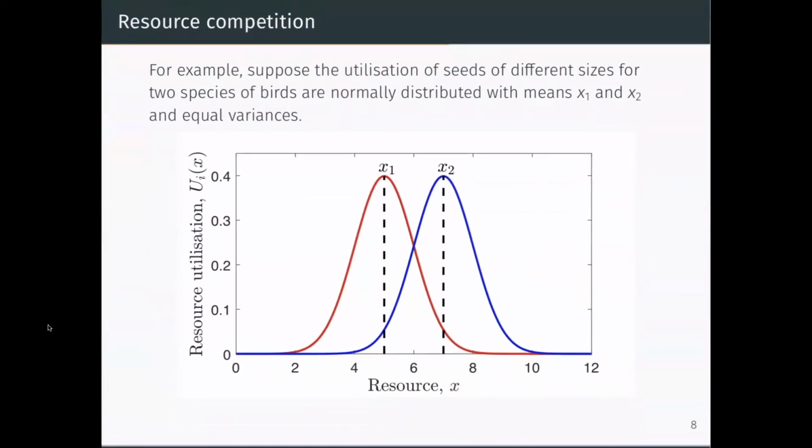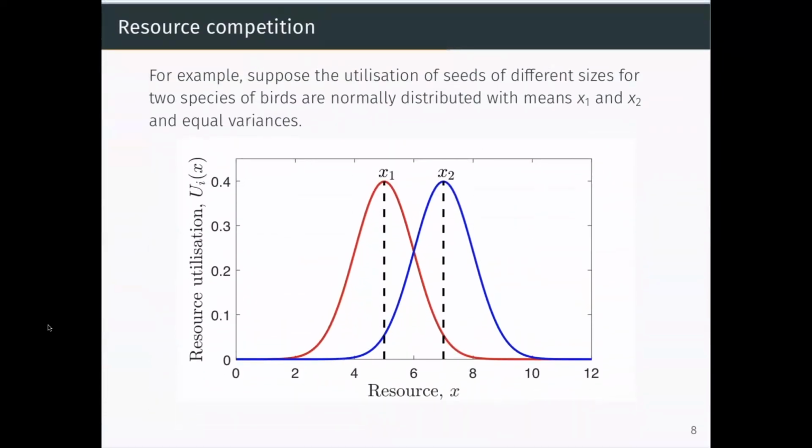So let's think about two species here. We're going to have species 1 and species 2, and we've got here some normal distributions describing the amount of a resource that is used by a particular species. So here we're saying if this is, for example, seed size, and these are two species of birds, then species 1 prefers smaller seeds.